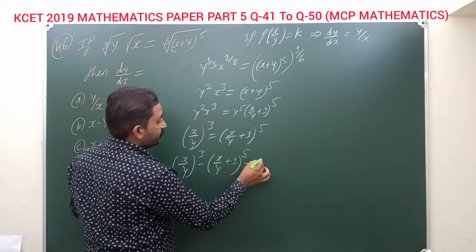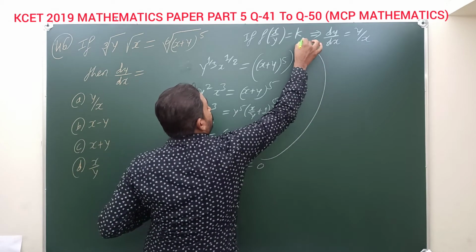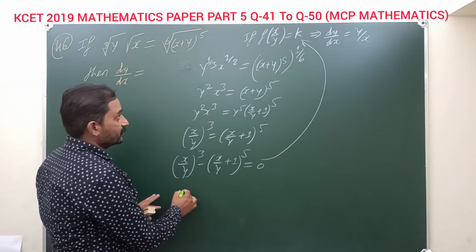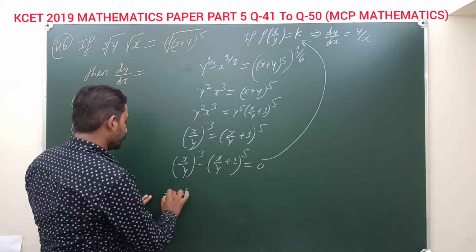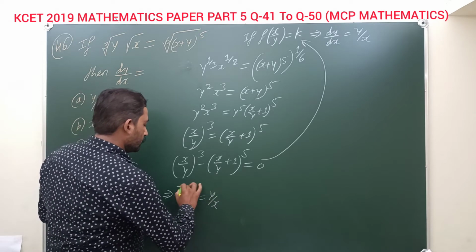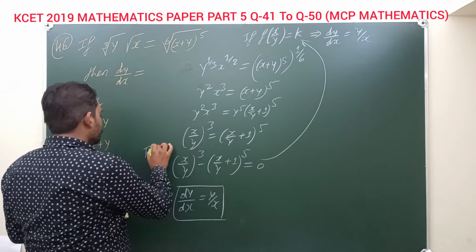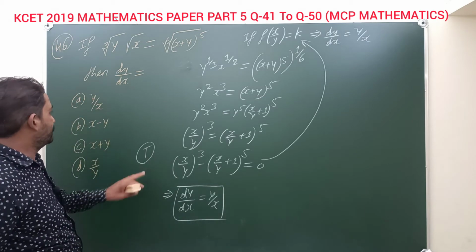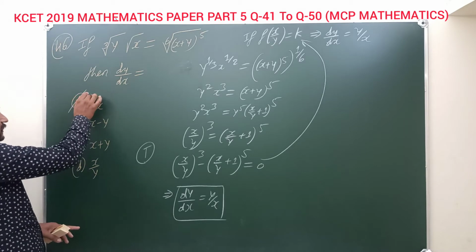Now it is in the form f of x by y is equal to k. Directly we can write the answer: dy by dx is equal to y by x. This is the toughest problem, few students attempt this question. So y by x is the answer. Option A is correct in this case.